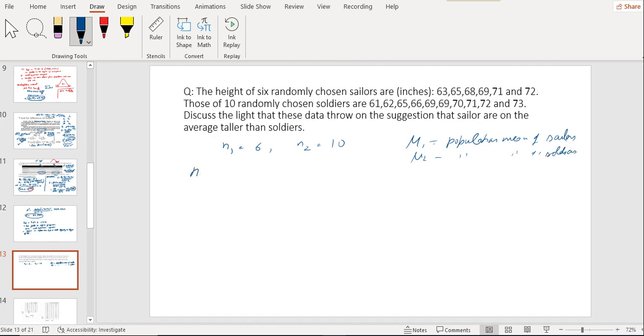So what will be the null hypothesis? There is no difference in their height, no change. And what is the alternate hypothesis?